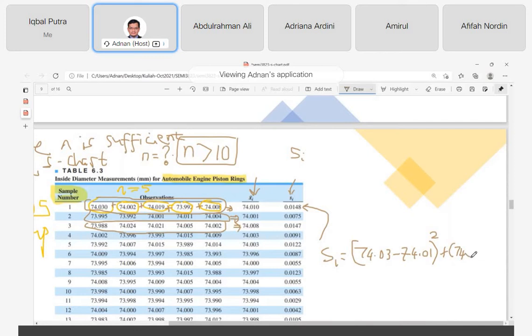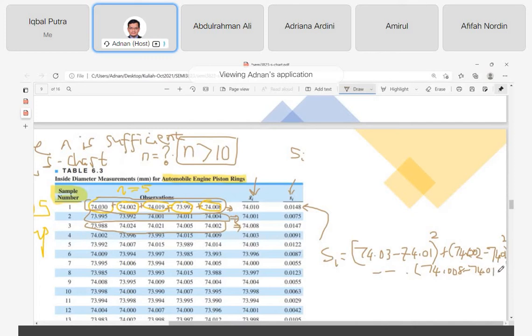You square that and continue until you get the last value, which is 74.008 minus 74.01.